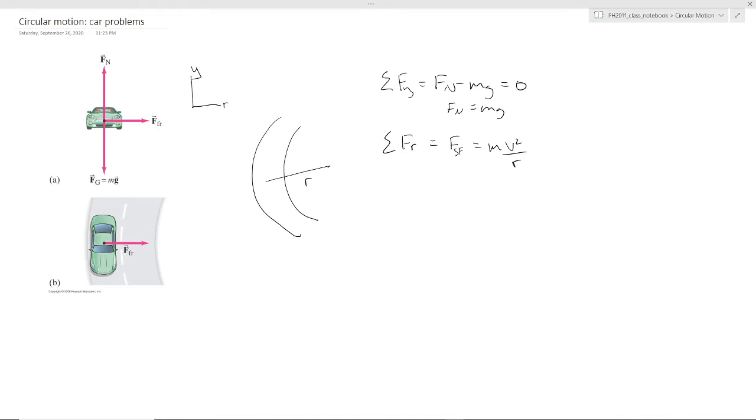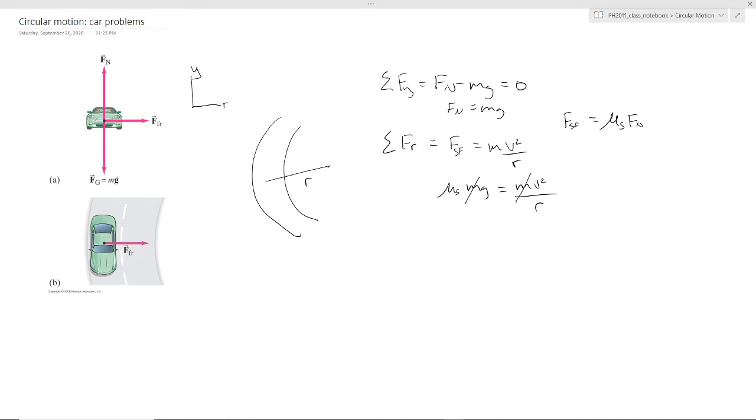So we have a relationship between friction and the centripetal acceleration. And we also know that the force of static friction is equal to mu_s times the normal force. And we found the normal force from looking at the forces in y. So we can see that this is going to be mu_s mg equals mv squared over r.